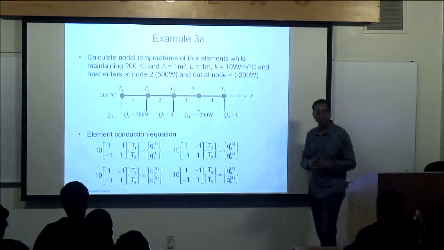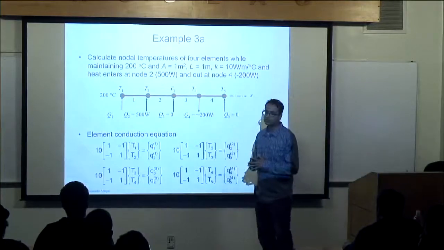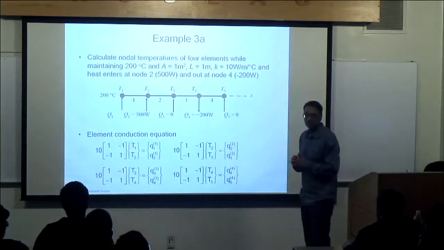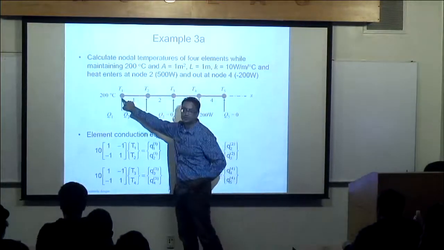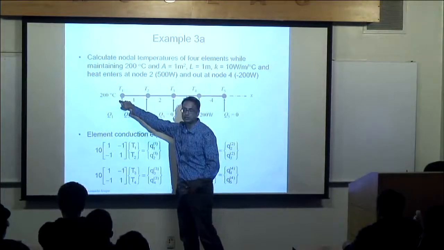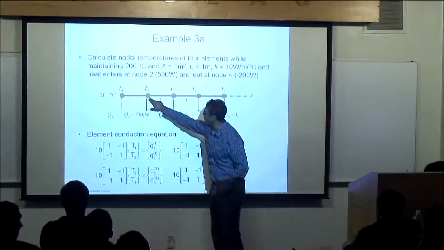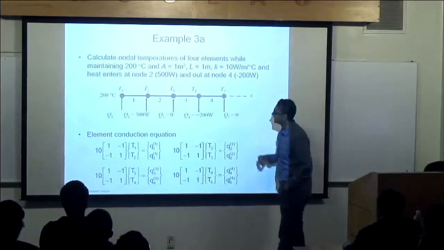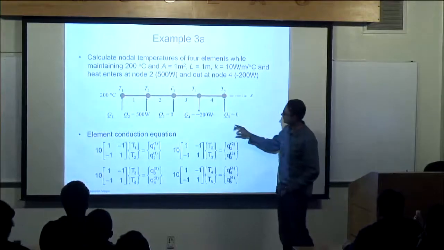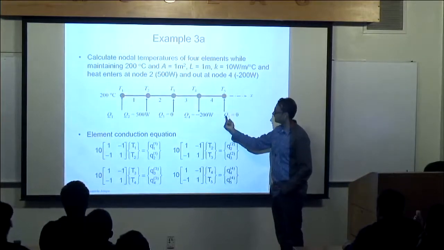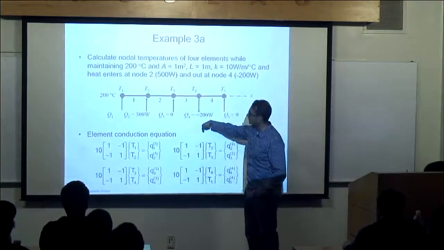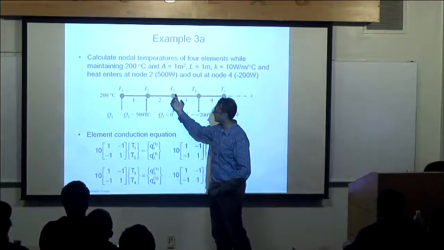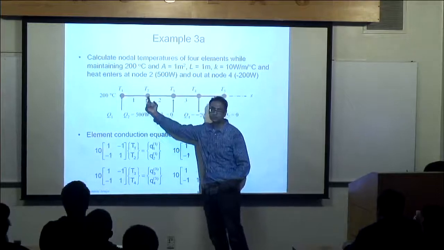Example 3A. This is the first example. Calculate the nodal temperatures. Find the temperatures here. Here I'm specifying it to be 200 C. So the only places I don't know the temperature are here, here, here, and here. I want to apply no heat to this node, take 200 watts out from that one, apply no heat here, and input 500 watts here on purpose.